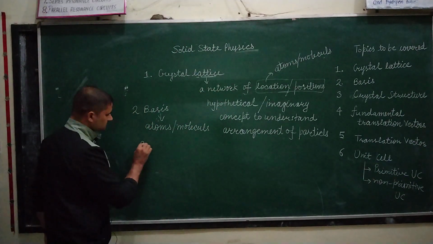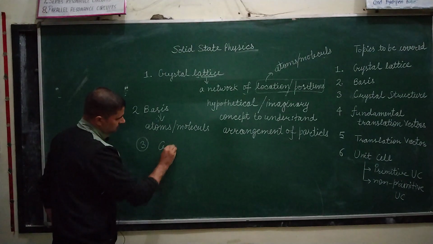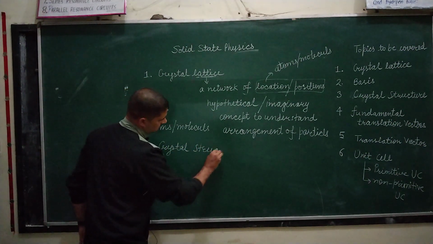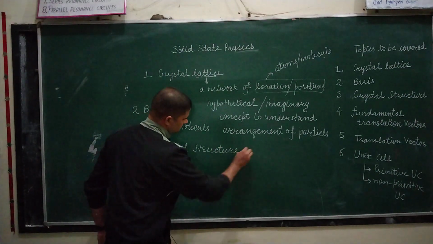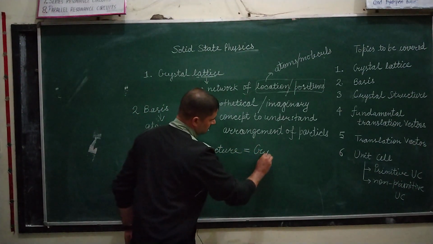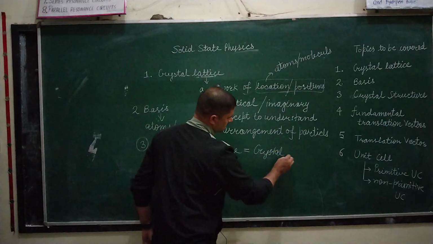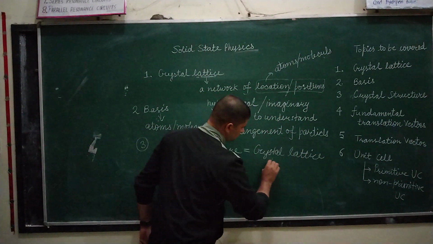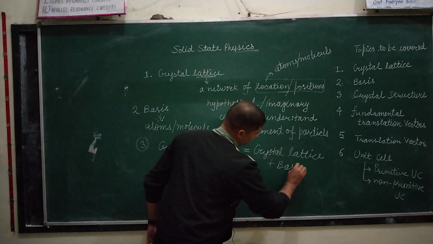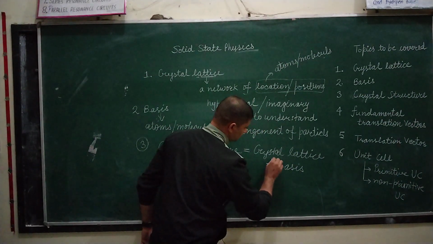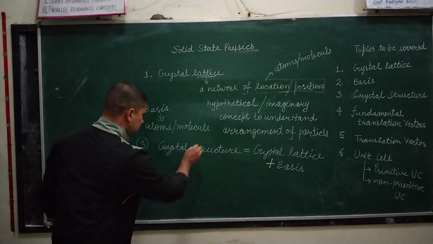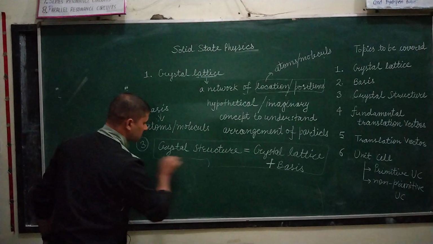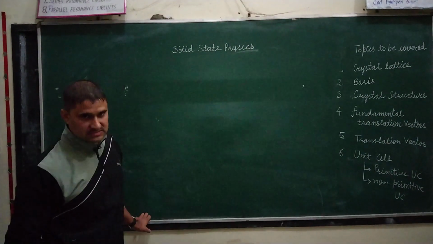So simply I can write the crystal structure is equal to crystal lattice plus the basis, okay class. So this is the equation, or you can say the definition of the crystal structure.